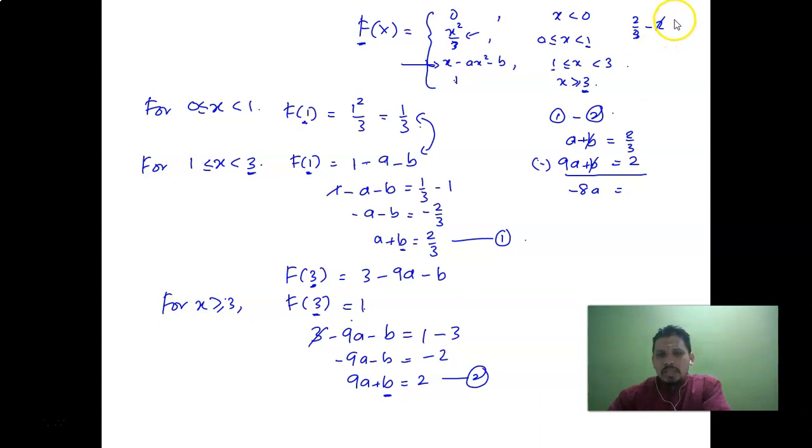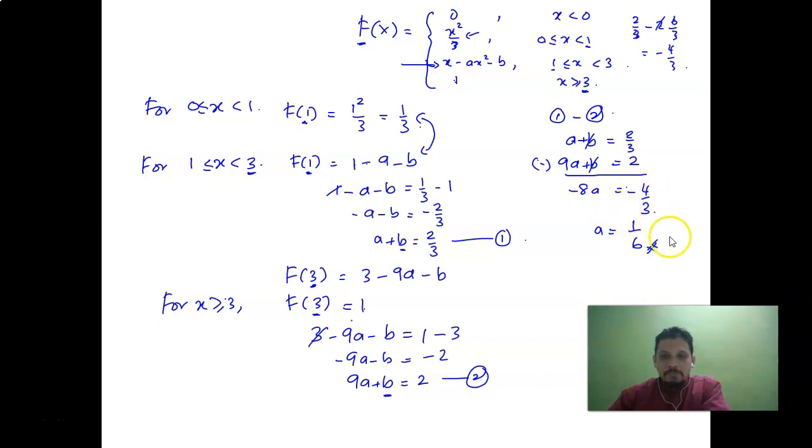We take 2 as 6/3, so 2/3 minus 6/3 equals negative 4/3. Divide by negative 8 on both sides: negative 8a equals negative 4/3, and a equals 1/6.